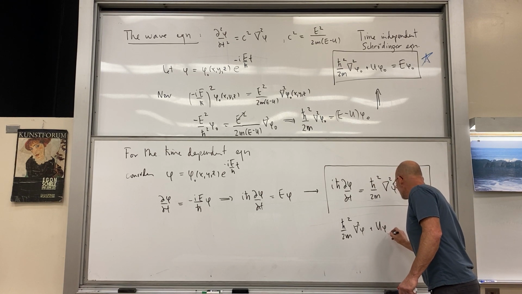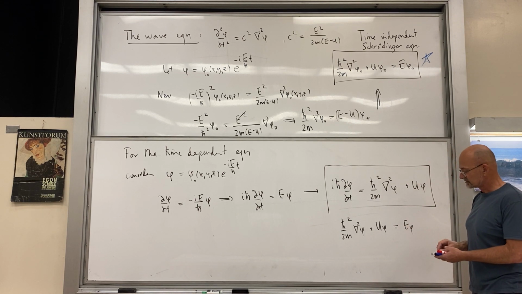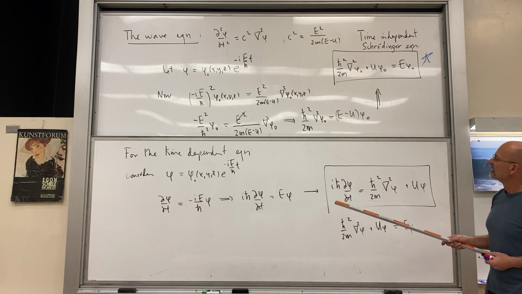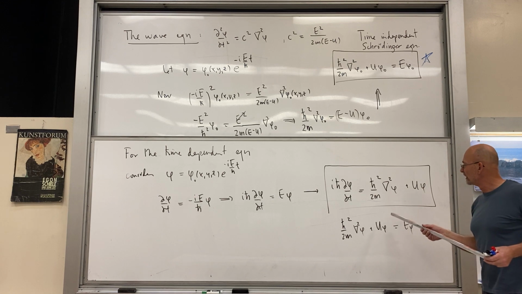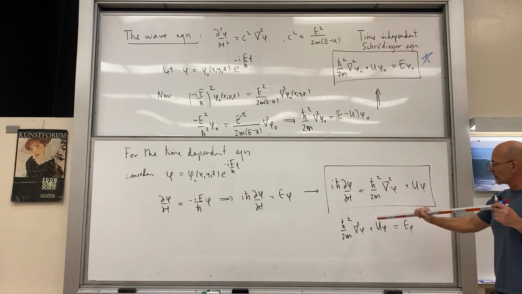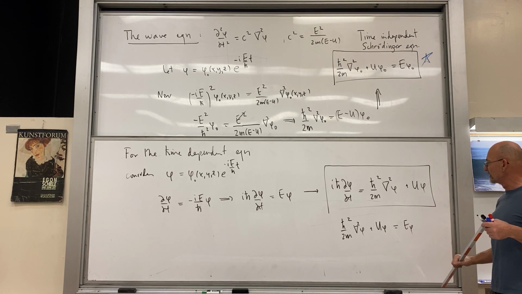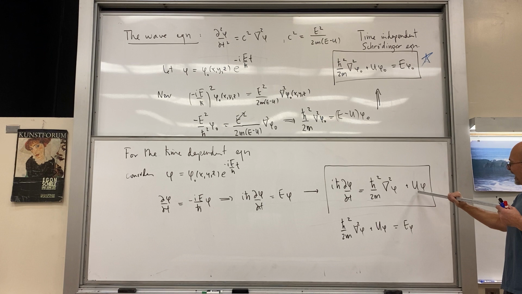Plus U phi is equal to E times phi. And that's where I'm going to leave it for today. If you leave enough space in your notes, I don't think I've left anything out on how we get these. They are, of course, recognizably the equations of quantum mechanics, at least for a point particle in a potential.